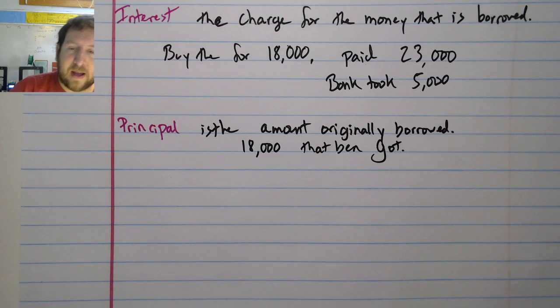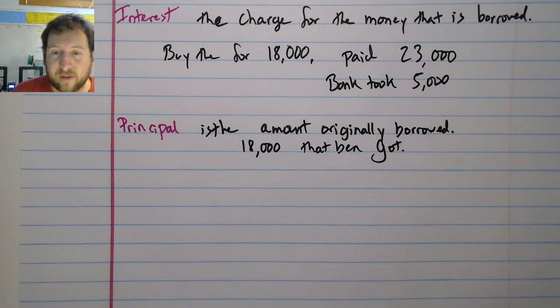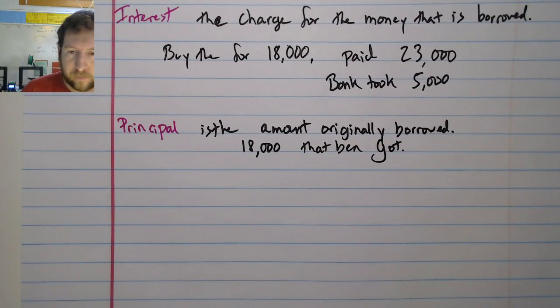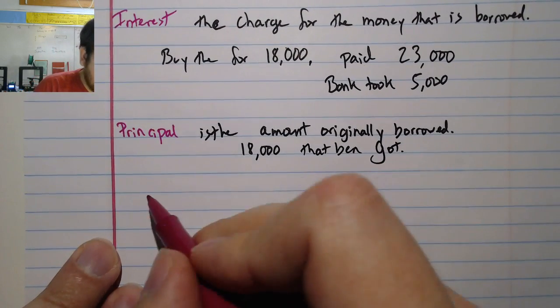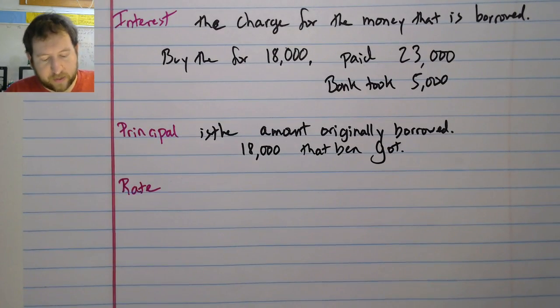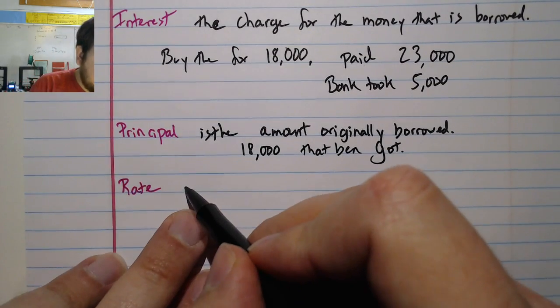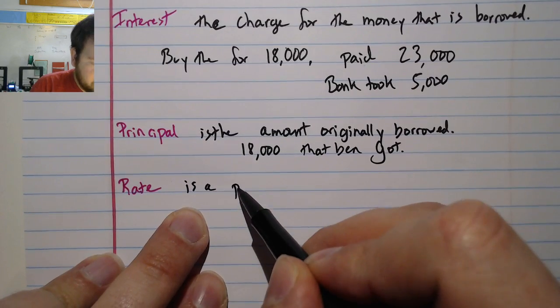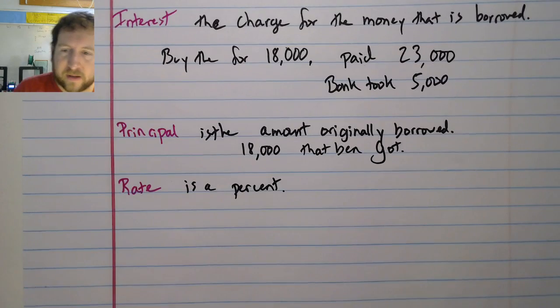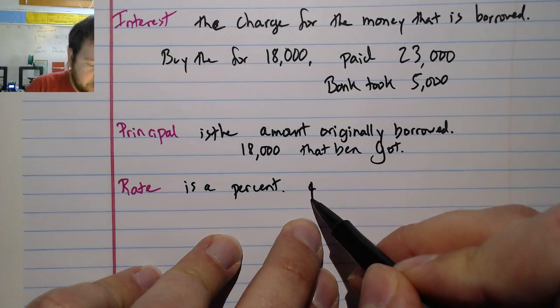And our last thing is we have our rate of interest. This rate is typically going to be in the form of a percent. And the rate tells us the percent charged.